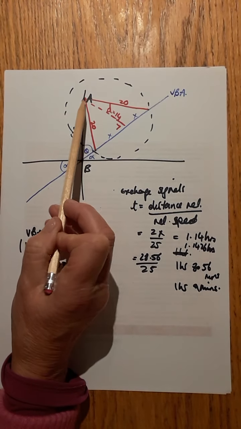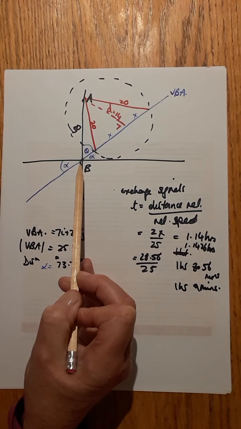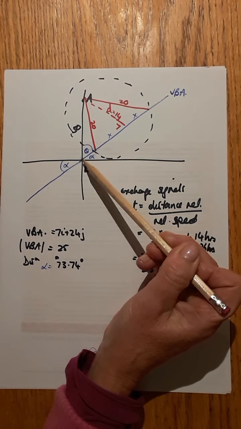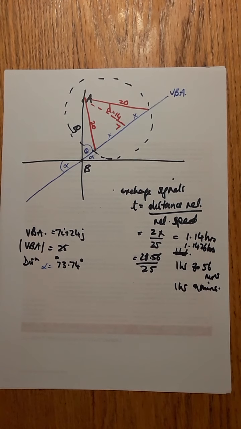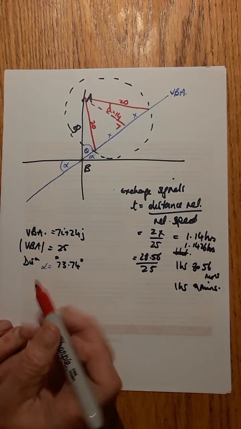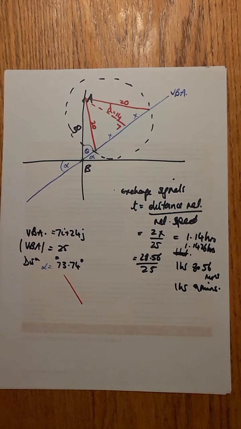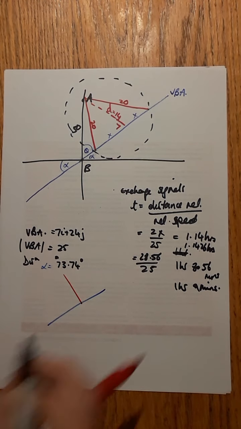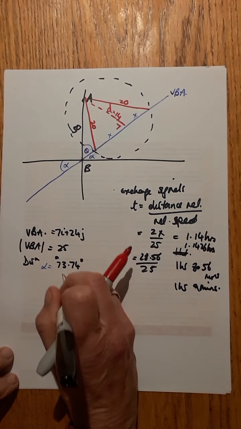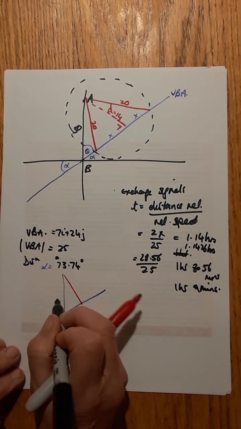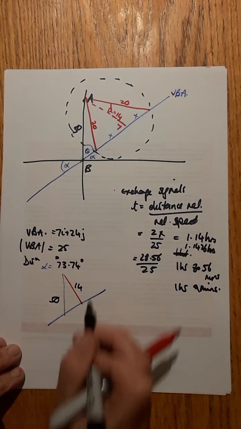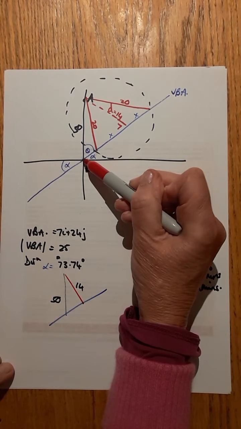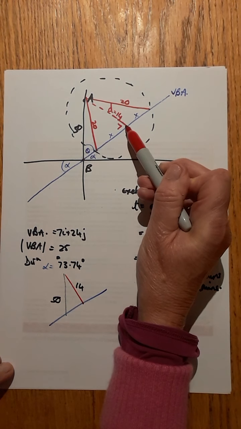Looking at this triangle, I know that that black line's 50. I know that this is 14. So I could find that total distance from there to there. I'm just going to redraw this: 14, and that's a black line here of 50. So I have 50, 14, and then I have that part on the blue line from the origin, we'll say, as far as there.